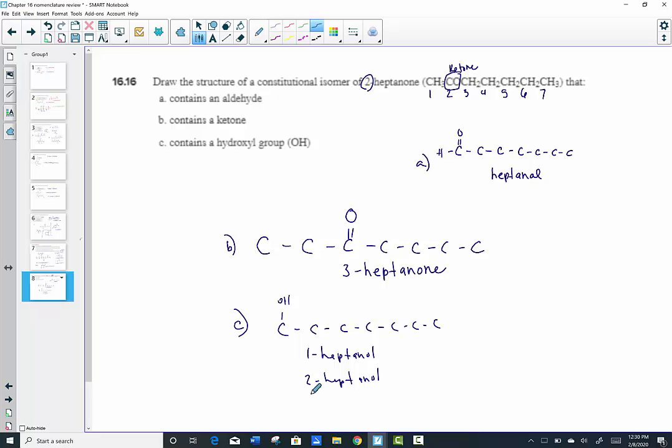You could have put it at carbon 3 and made 3-heptanol. And there's even a unique position at carbon 4, and that's right where you start to repeat. So carbon 4 is also unique, but there is no carbon 5 because that's the same as carbon 3. So that's a lot of choices there.